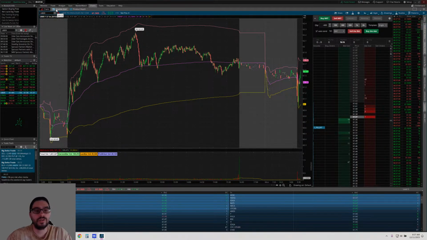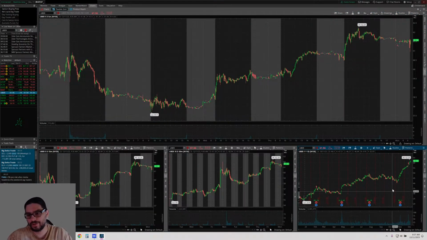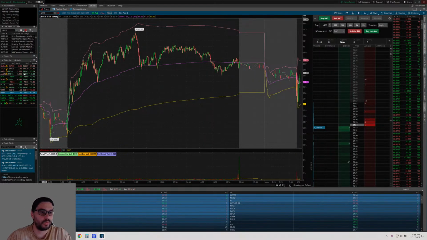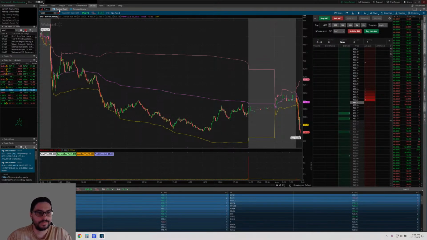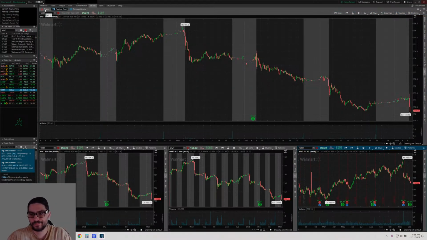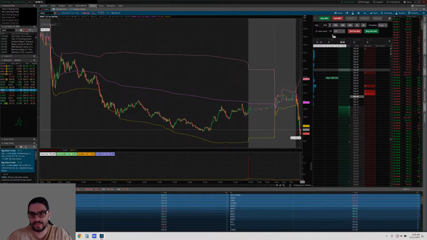I think Uber in the long term is going to be good. This is still going to continue to go up, but I don't know if I'd want to do that. My Walmart one is now crashing again.